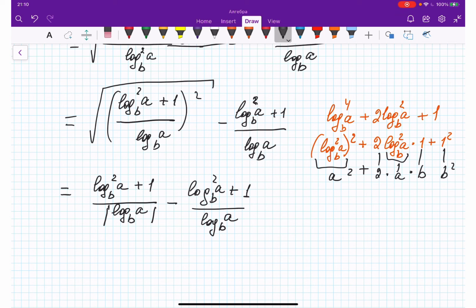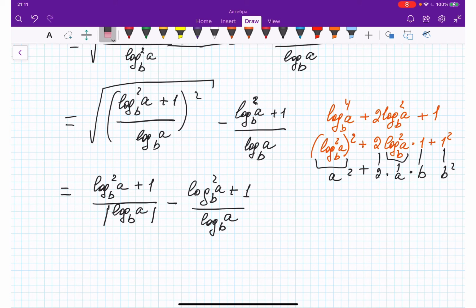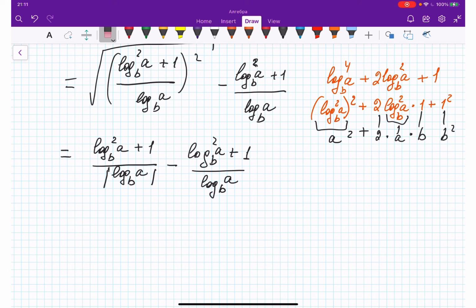So we make sure a positive value comes out, because we don't know whether it is positive or negative when it comes from the square root, because the square root of a squared is equal to the absolute value of a, right? Only then will it be equal to plus or minus a. Okay, so this is our picture.